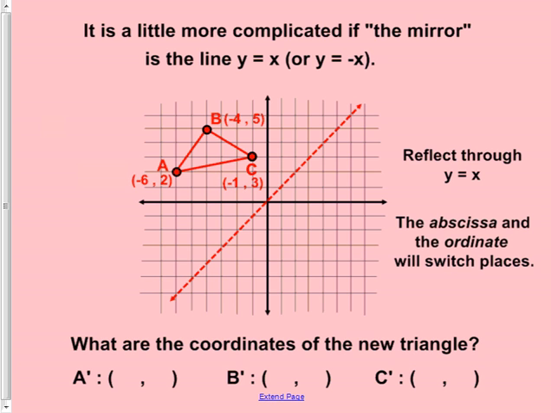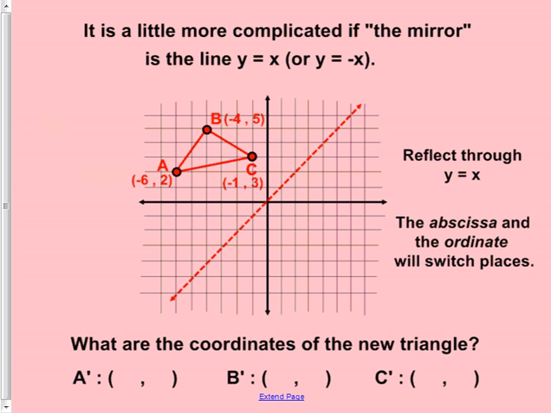Okay, so let's look at A prime. Actually, the easiest way to do this is to look at the coordinate for A and figure out what the coordinate for A prime is going to be. So instead of moving the points like we did on the previous example, now we're actually going to figure out the coordinates, and then we can come back and plot the points.